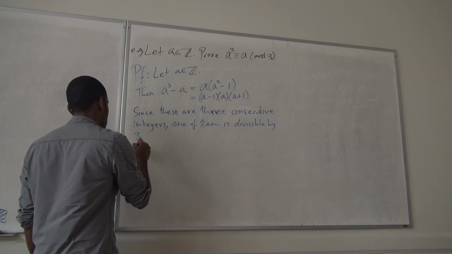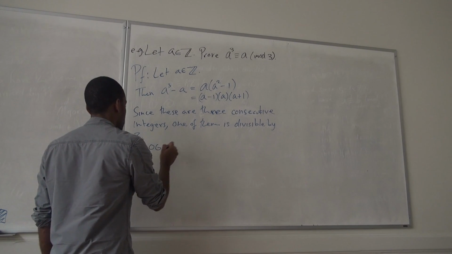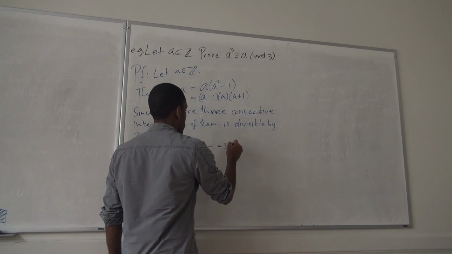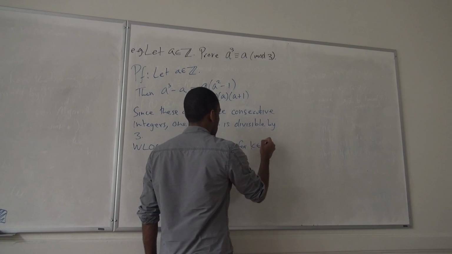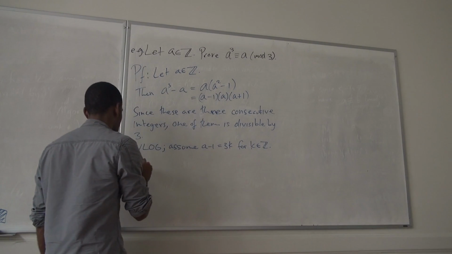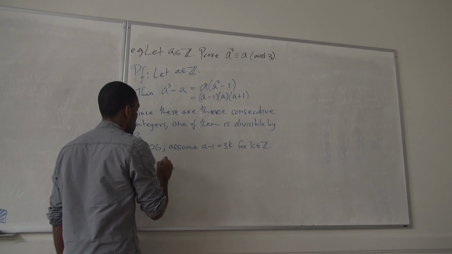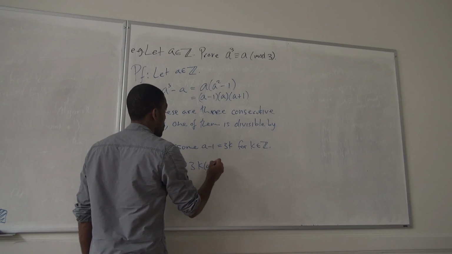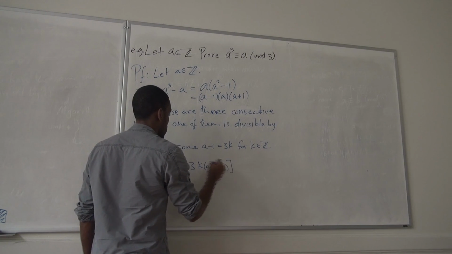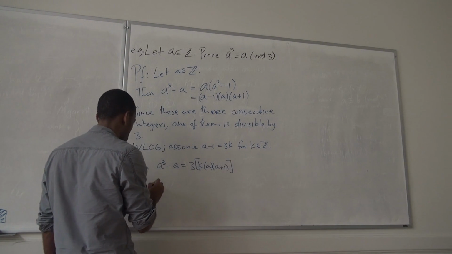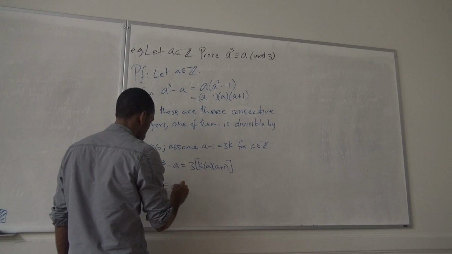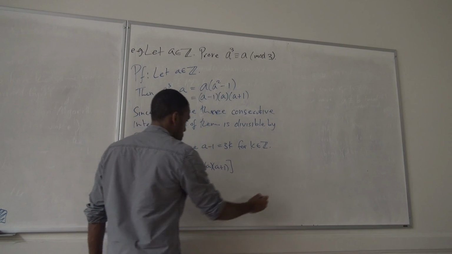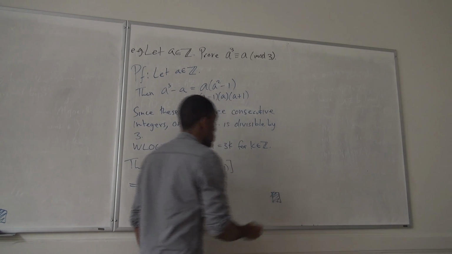There are several ways to proceed here. Without loss of generality, assume a minus 1 equals 3k. Then a cubed minus a is equal to 3k times a times (a plus 1). That's not bad.